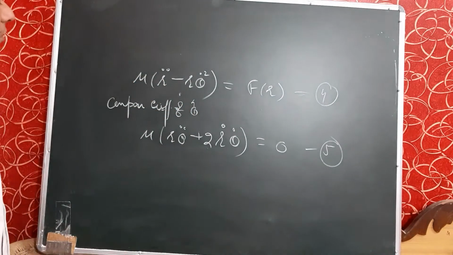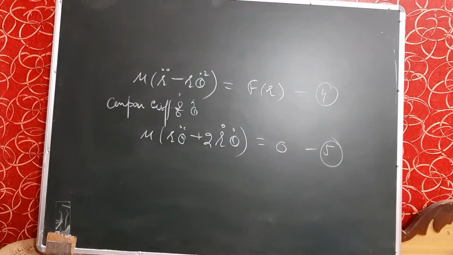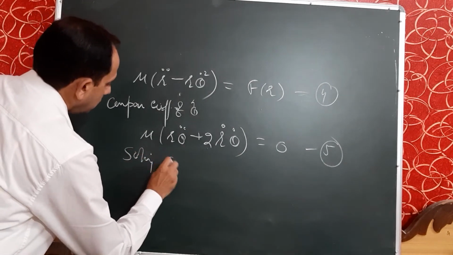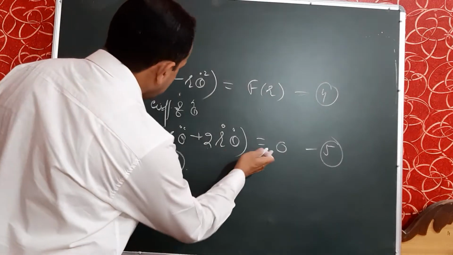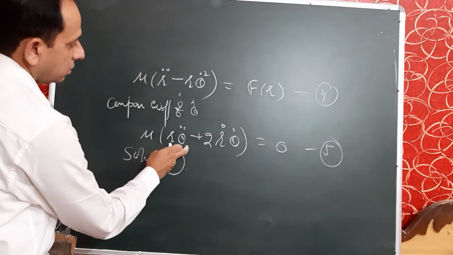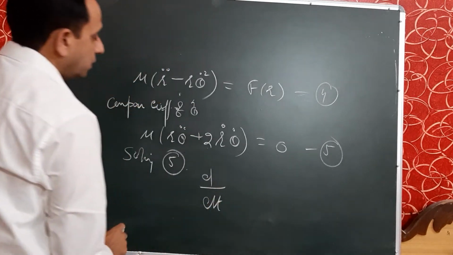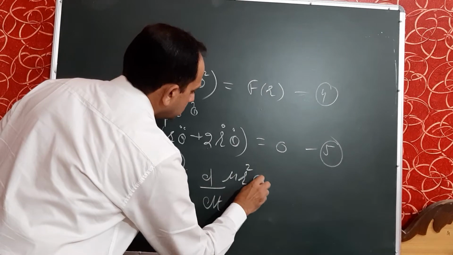Now first of all I will solve equation number 5. This equation may be written as the derivative d/dt of mu r square into theta dot.